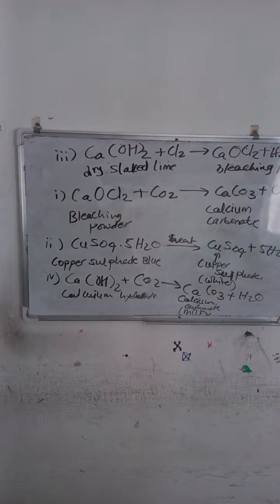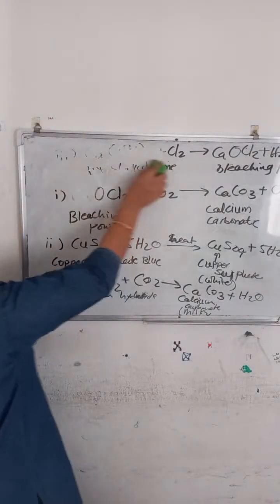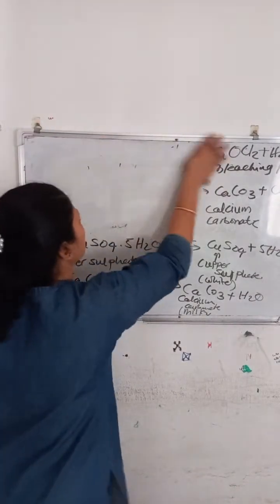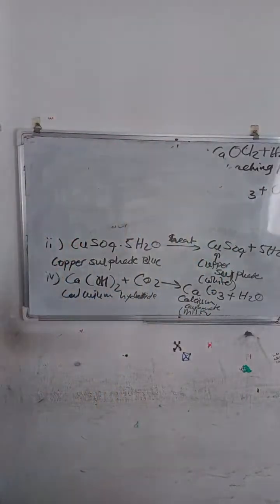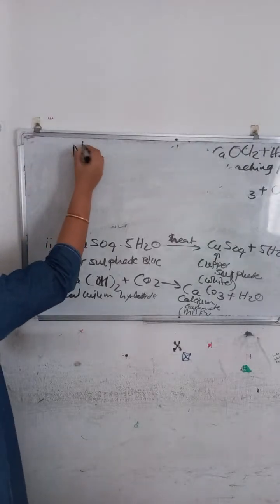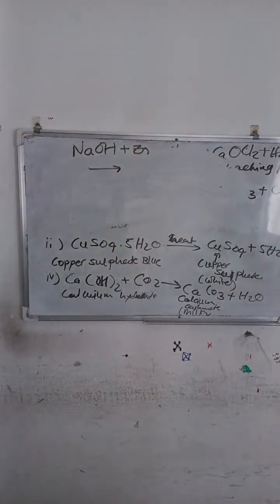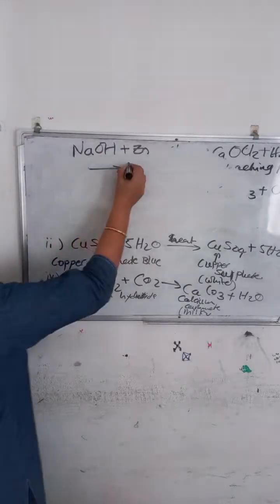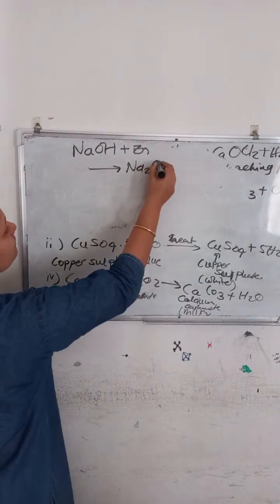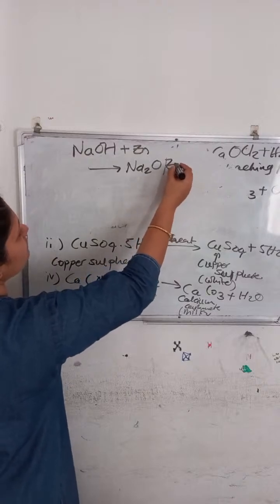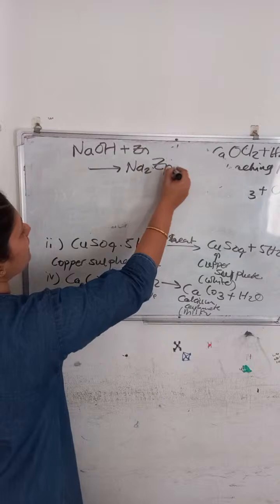NaOH plus Zn. So I will erase this. Morning only we did this reaction. Whenever NaOH is heated with zinc granules, it forms sodium zincate, Na2ZnO2.